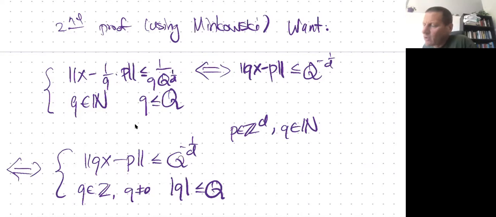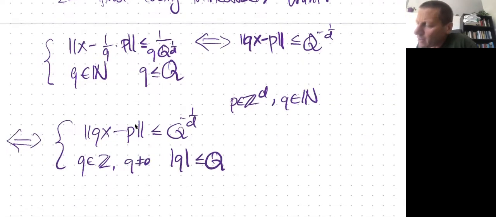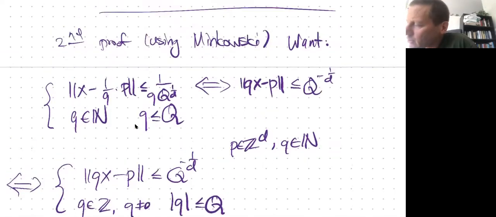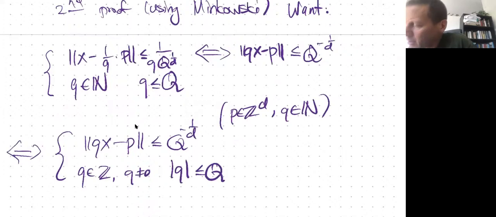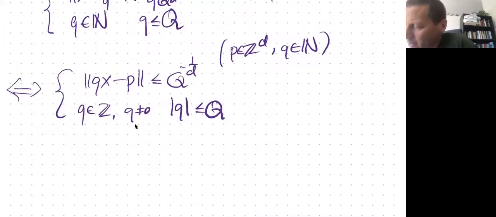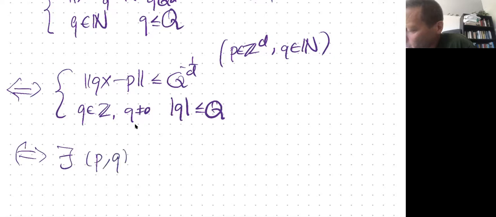So solving with positive integers is the same as solving with non-zero integers in terms of the role of q. Okay, so I can reformulate this as saying that this happens if and only if there exists a vector, which I want to write as (p, q) in Z^(d+1), where q is non-zero.